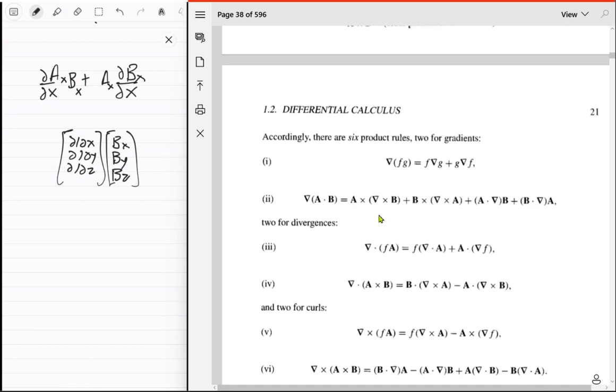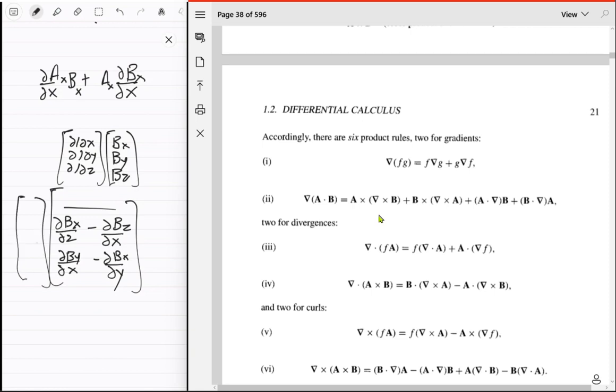What's the y component going to be? So you got this and that, which would just be partial bx upon partial z minus partial bz upon partial x. Right, you got some stuff in the x component, we don't care about that. Then for the z component you got partial by upon partial x minus partial bx upon partial y. And then for a, just have this thing, you got ax, ay, az, whatever.